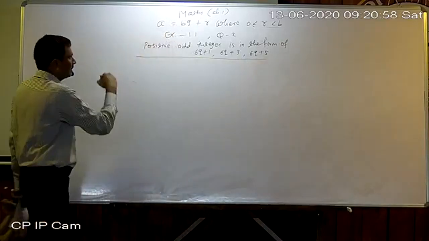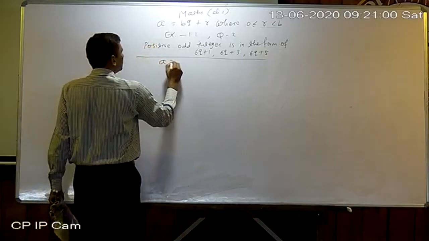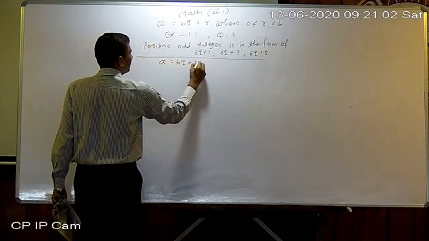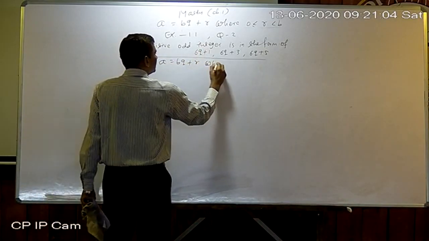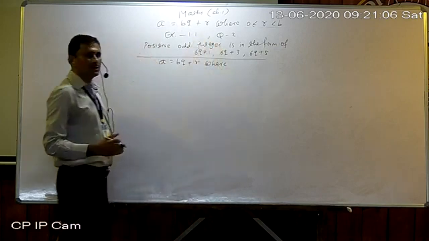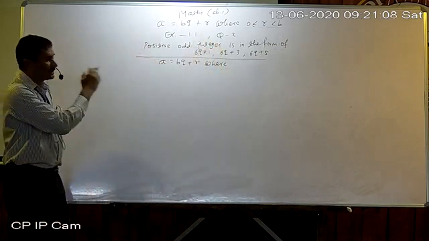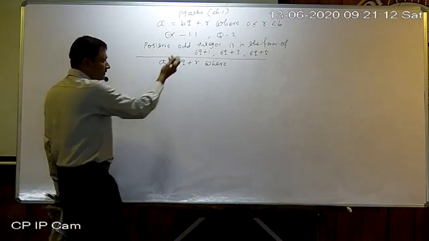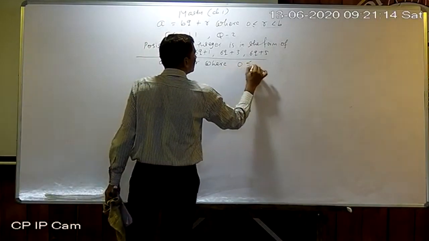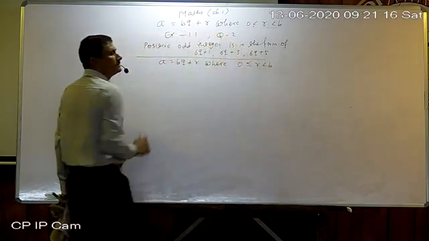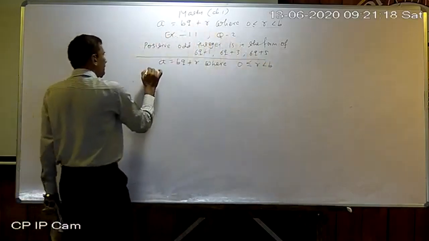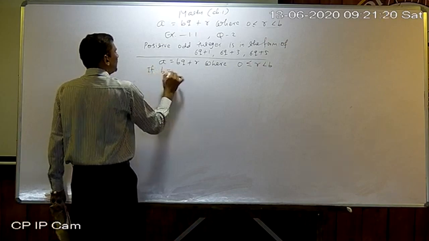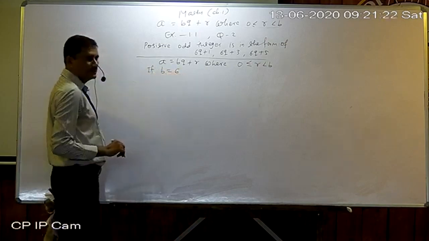Now look, a is equal to bq plus r. Every time write this, Euclid's lemma, at the starting step of any question of this type. Now b equal to 6, we have to go through that part.